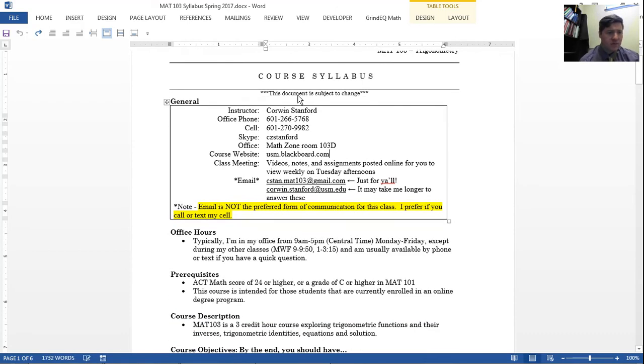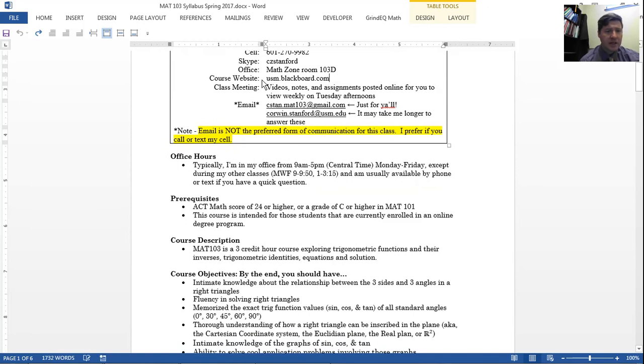Skype, very rarely do I have people actually take me up on this, but I do have a Skype account, so we can share screens and you can show me what you're having trouble with. If you're on the Hattiesburg campus, or if you ever come here, my office is right next to Cook Library in the Math Zone.